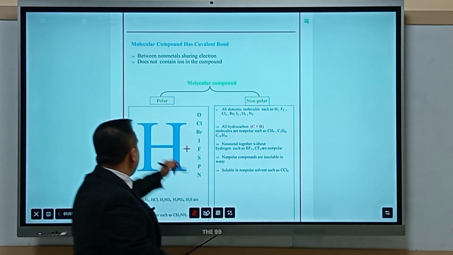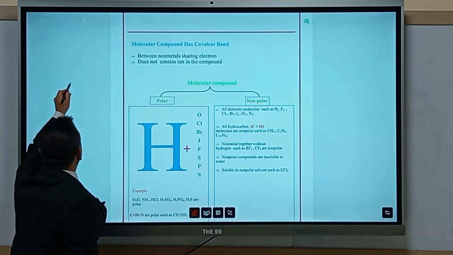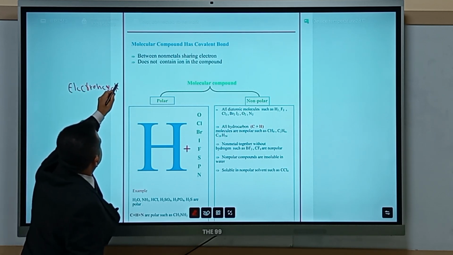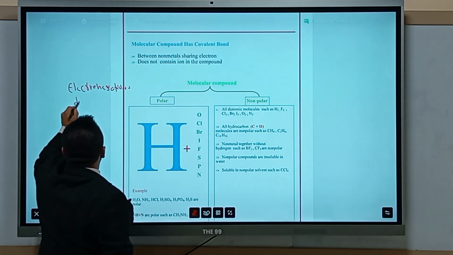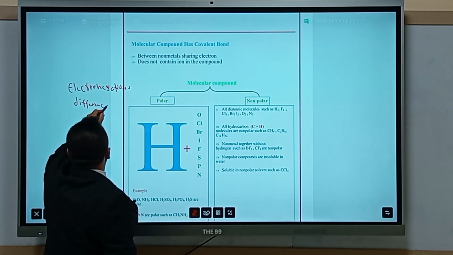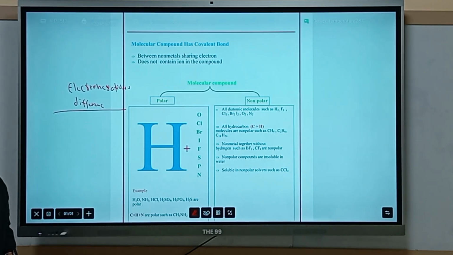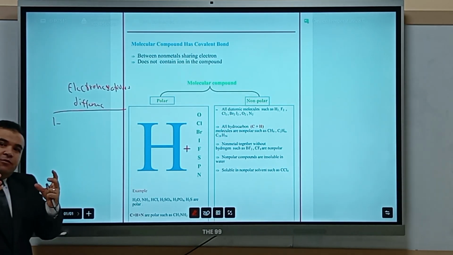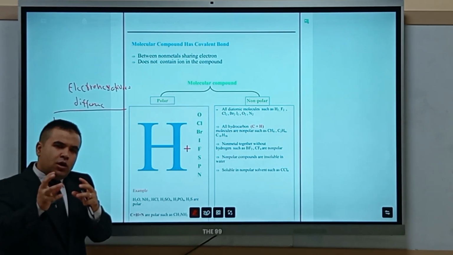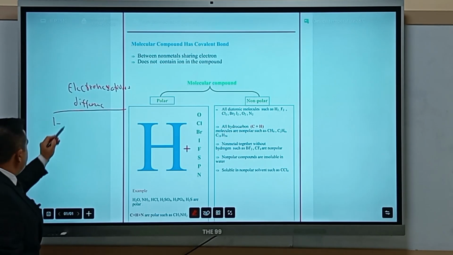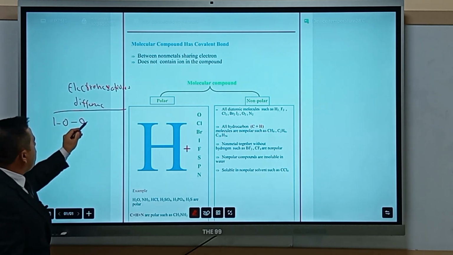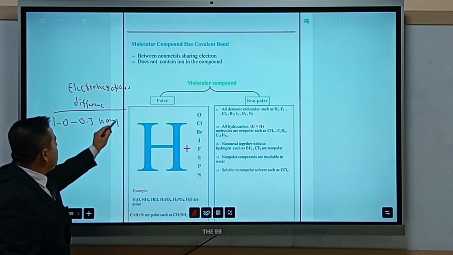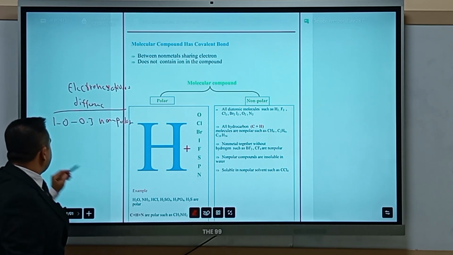If you remember, in grade 10 you discussed electronegativity difference. In grade 10, it stated that if the electronegativity difference between the two atoms, the two non-metals, is between 0 to 0.3, you get a non-polar covalent bond.